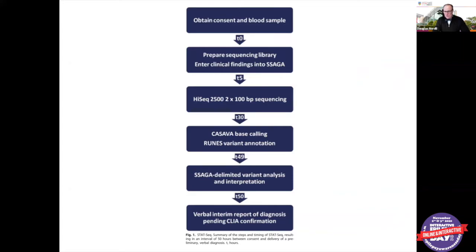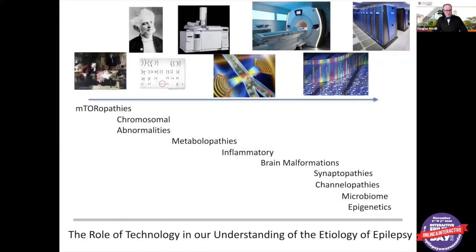And look at this, in 50 hours, they had a definitive diagnosis for these patients. So that is amazing. And what we've seen with the next generation sequencing is the turnaround times dropping more and more and more, to the point where we can get information back far more quickly than we ever used to get from our previous metabolic tests.